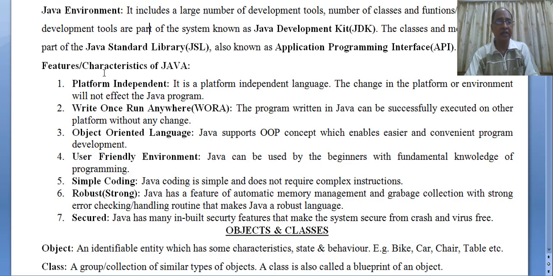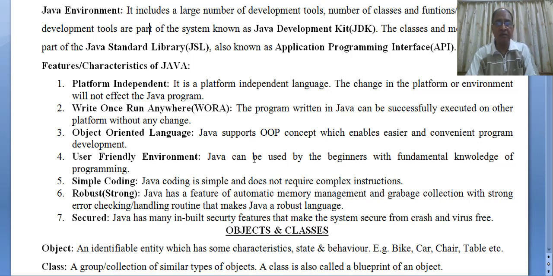Now some features and characteristics of Java. Number one, platform independent. It is a platform independent language. The change in the platform or environment, that is the operating system, will not affect the Java program. Second is write once, run anywhere. That is called WORA, W-O-R-A. The program written in Java can be successfully executed on other platforms without any change. Object-oriented language. Java supports the OOP concept, which enables easier and convenient program development.